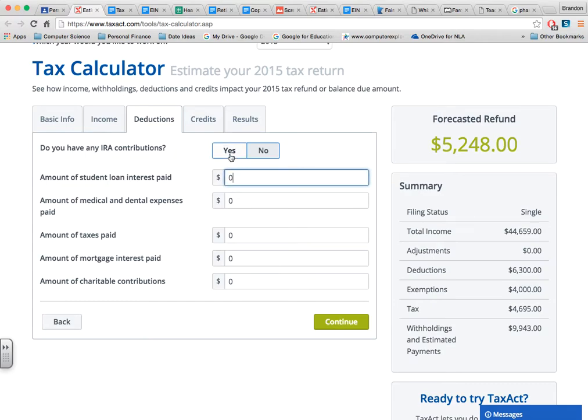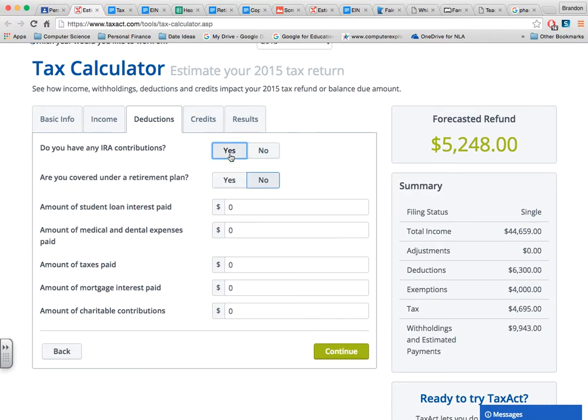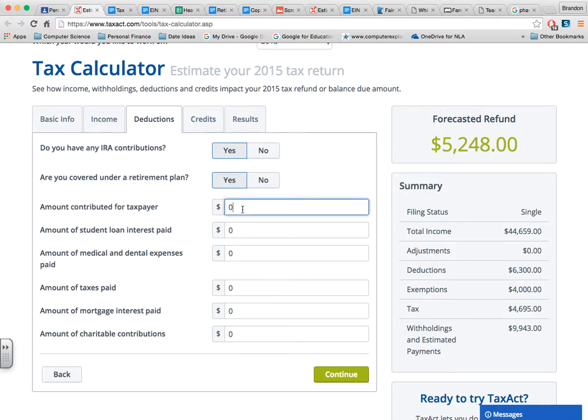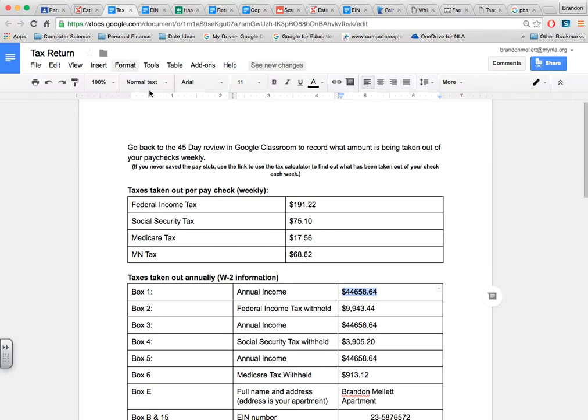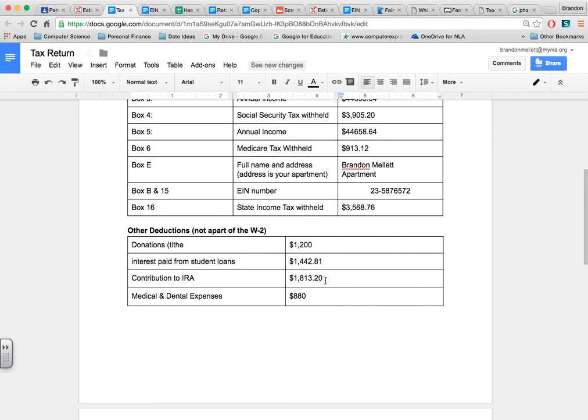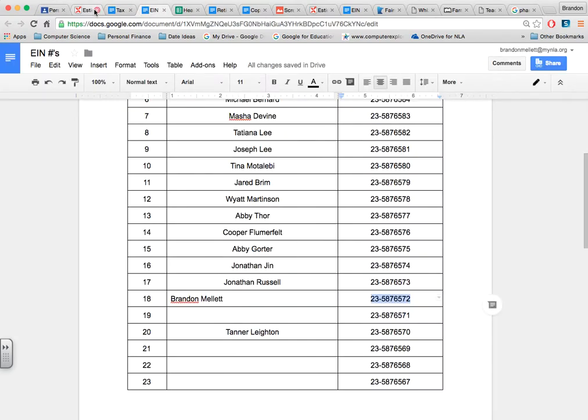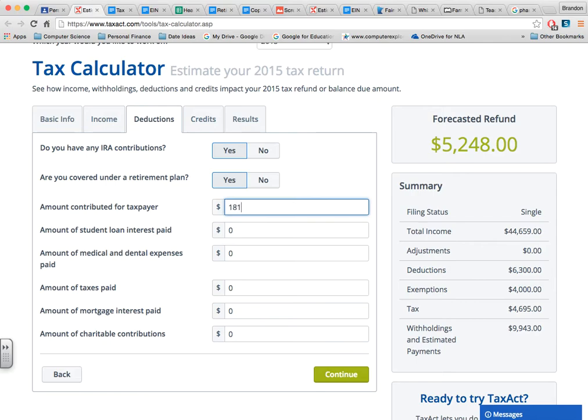Deductions. Did you have an IRA contribution? Yes, you did. Are you covered under a retirement plan? Yes, this is your retirement check. So if we go back to the tax return again, and we scroll down to contribution to IRA, we would take this $1,800 and put it in here. Amount of student loan interest.